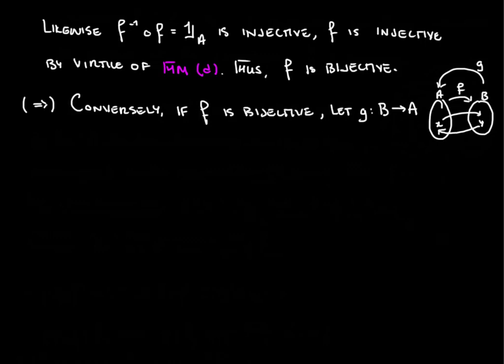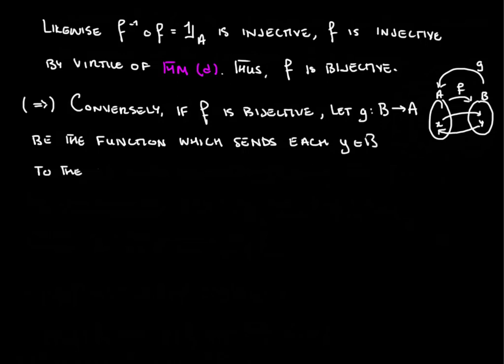So we're going to define g to be the function which sends each element y that is in B to the unique element x that is in A, such that f of x is equal to y.